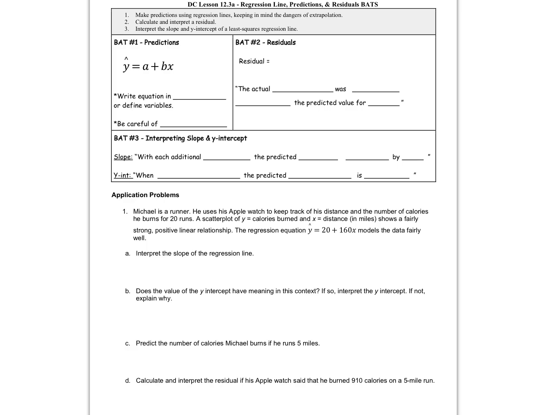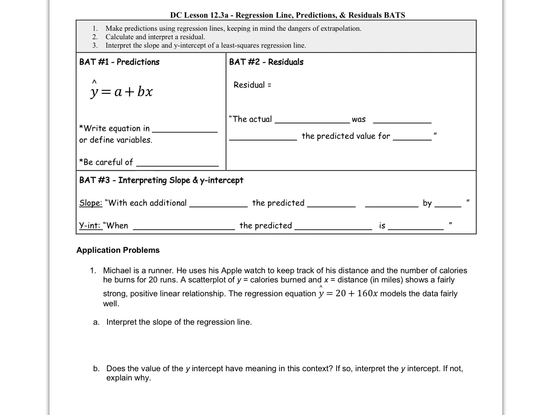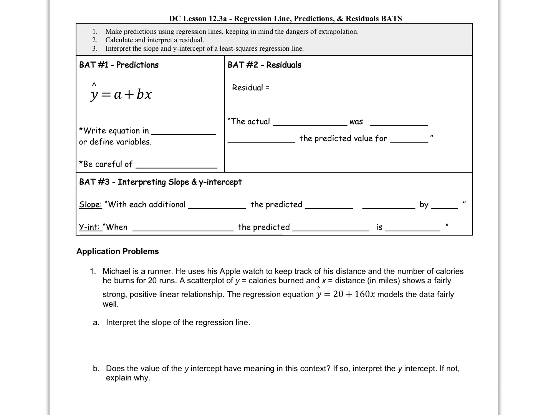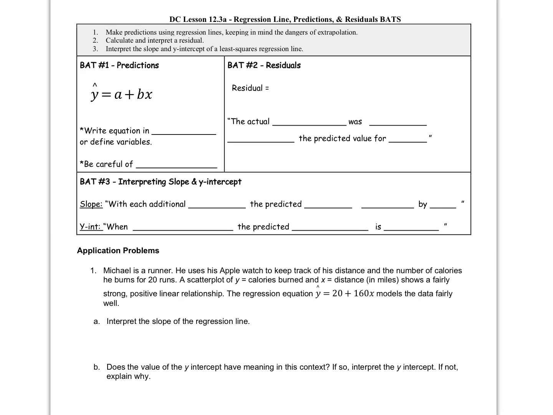All right. Here it is. Here we go. Predictions. Okay, so we use this equation. Notice it says y hat. That hat means it's a prediction. All right, the predicted y. It's not a guarantee. It's just saying this is not guaranteed. It's just a prediction.